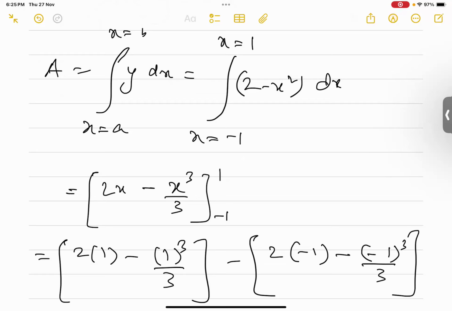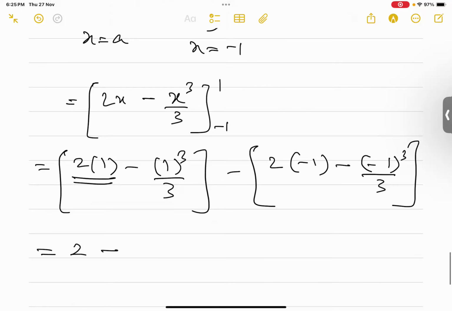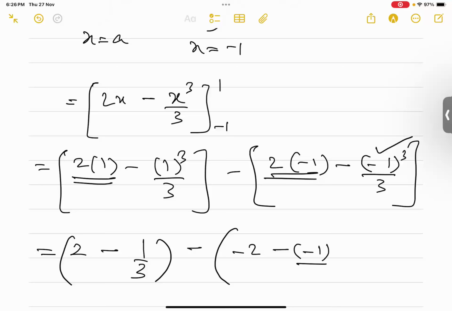Now you have to go very systematically over here, BODMAS and all. 2 into 1 is 2. 1 cube by 3 is 1 by 3. 2 into minus 1 is minus 2. Minus 1 cube is minus 1 upon 3.